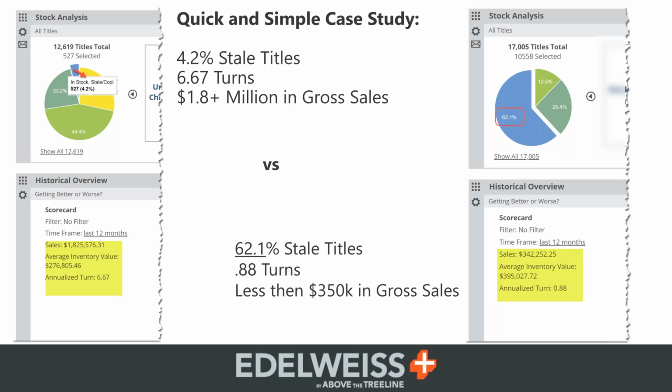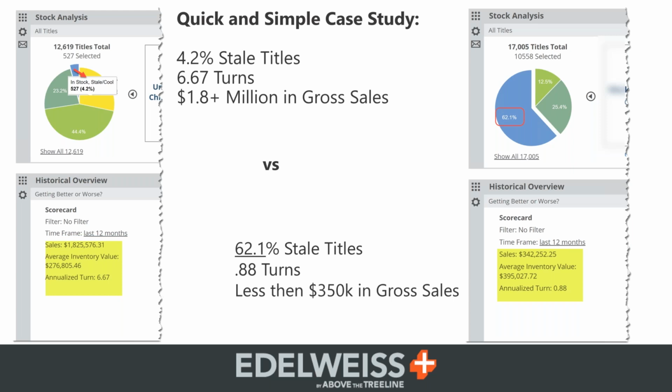Essentially what they do is they buy very aggressively, but they buy the stuff that their customers want to buy. If you look at the top screen with the pie chart, you'll see that their stale titles in the new tool are at 4.2%.